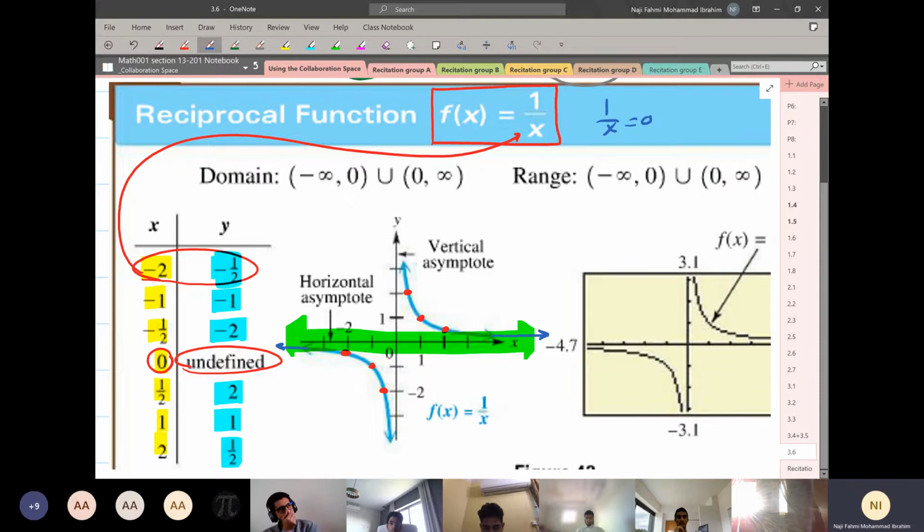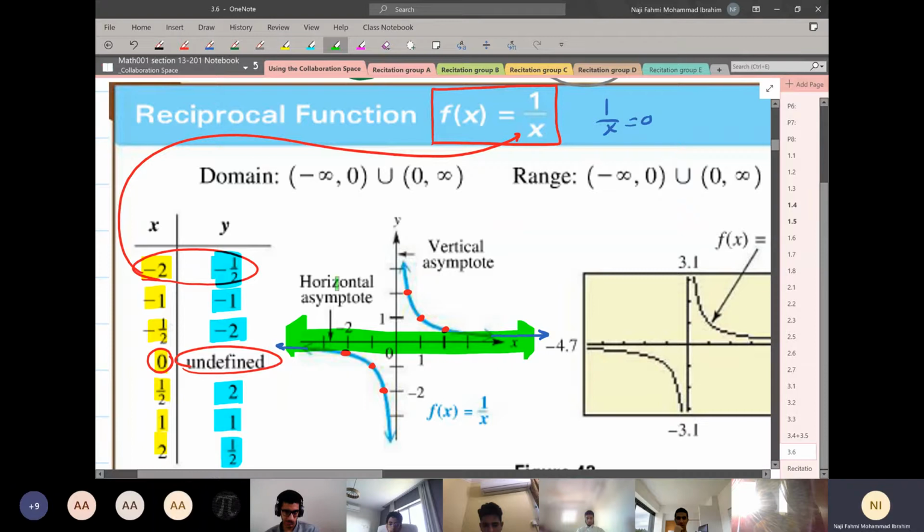But will my answer be 0? No. So as x gets larger, the value of y is getting closer to 0. My curve is getting closer to the x-axis, but it will never touch the x-axis. In this case, we say that the x-axis is a horizontal asymptote.